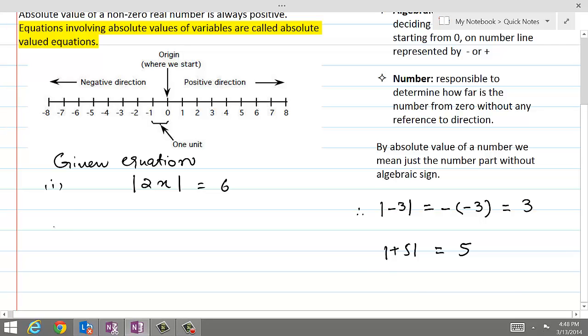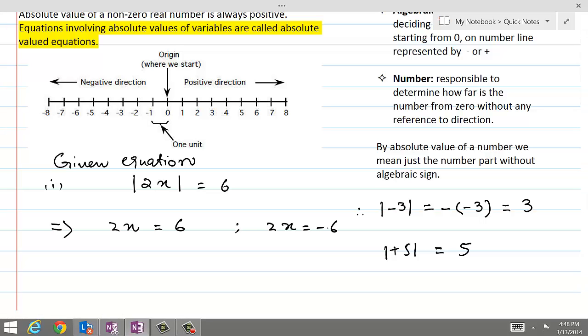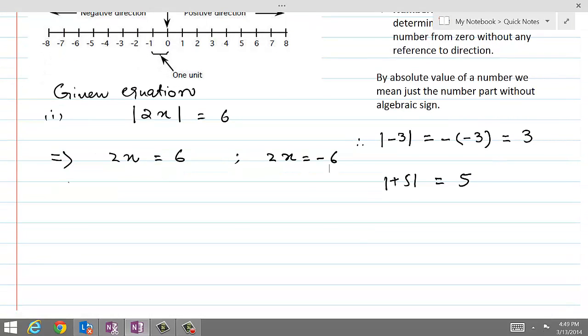So the way we will start, and this will always happen, one time we are going to write 2x equal to 6, and another time we are going to write 2x equal to minus 6. While taking any variable out of the modulus sign, one time we write it plus, one time we write it minus, and then we solve both of these equations separately.